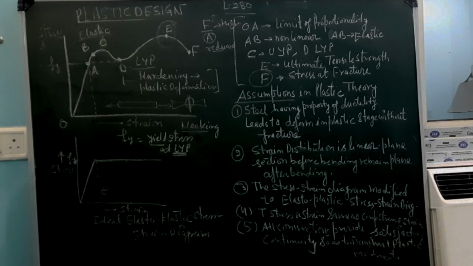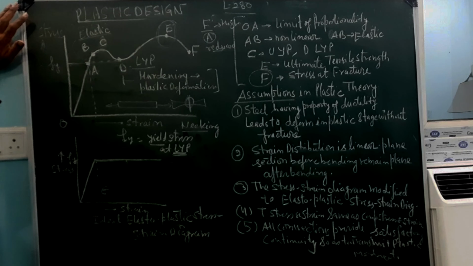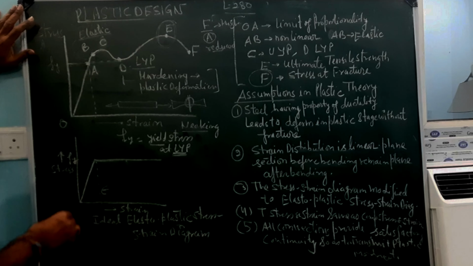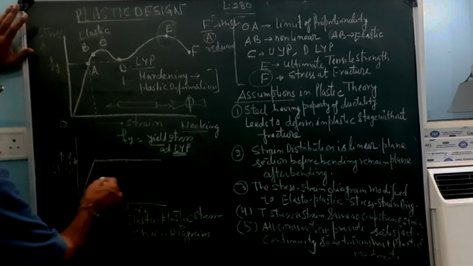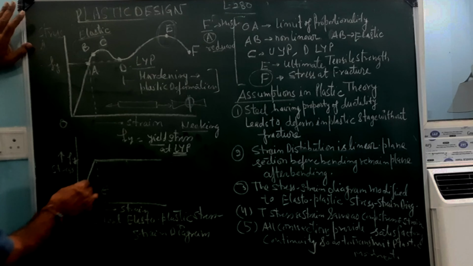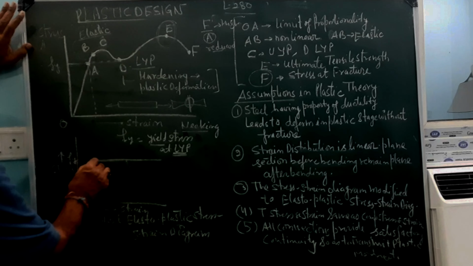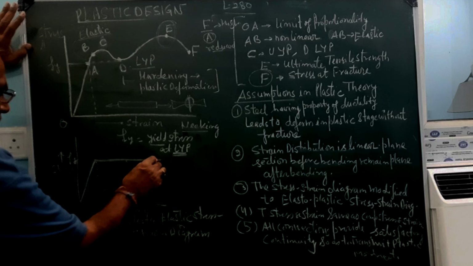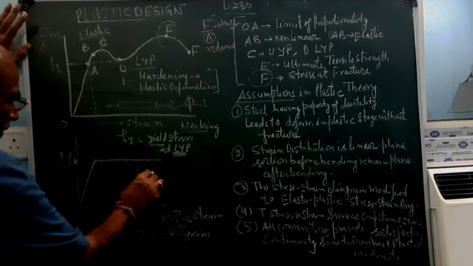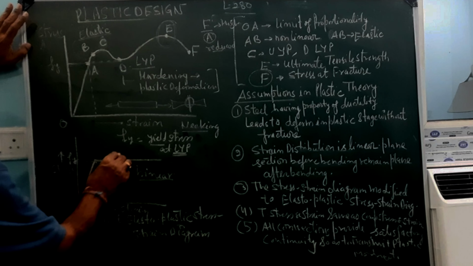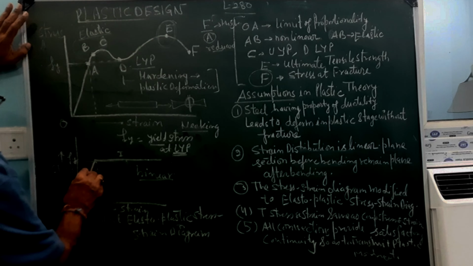So how can this plastic design be done? For that we can have some graph. This stress strain diagram is modified in the sense that the diagram is like this. This is Fy, and this is a straight line. So this is a bilinear diagram. This is one line and this is another line.